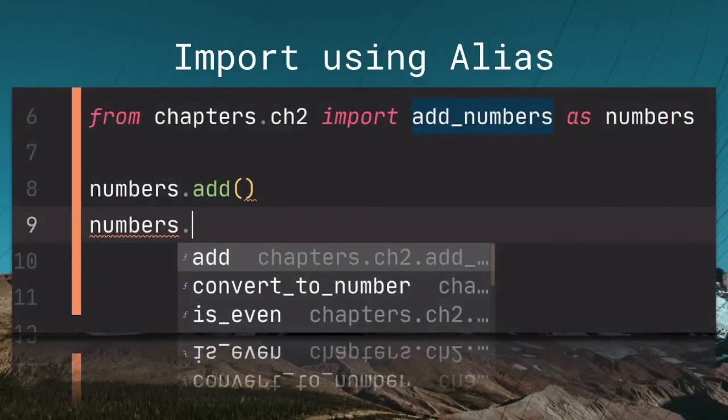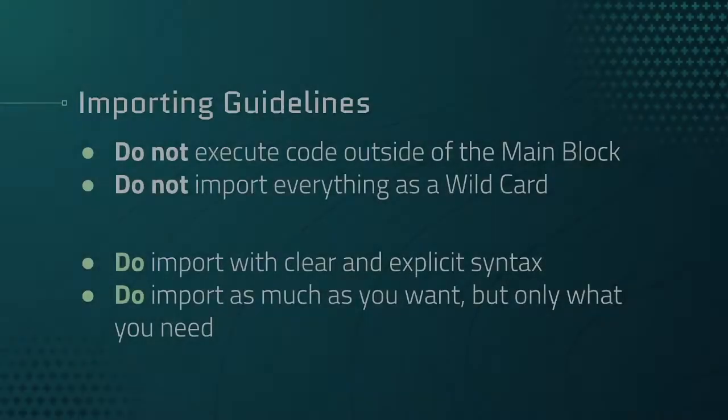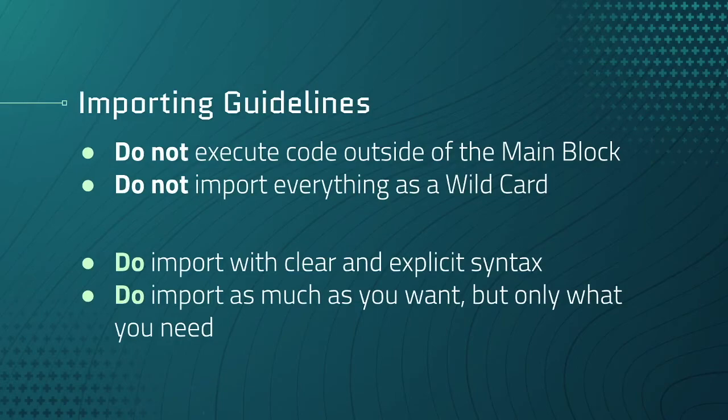Or you can import the entire module and use an alias to give it a better name. I still get IntelliSense, but now I can say numbers.add or numbers.isEven. Any of these options are better than using the unclear wildcard.